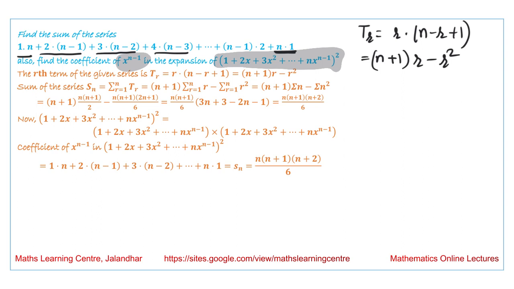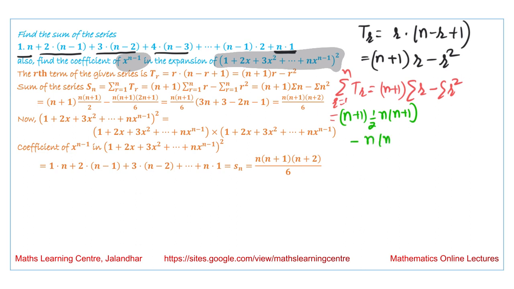Now we have to find the sum of this series. We are calculating the value of sigma r equal to 1 to n of tr, which is equal to n plus 1, where n is a constant, times sigma r minus sigma r square. So the answer is n plus 1 into 1 by 2 n into n plus 1, minus n into n plus 1 into 2n plus 1 divided by 6.